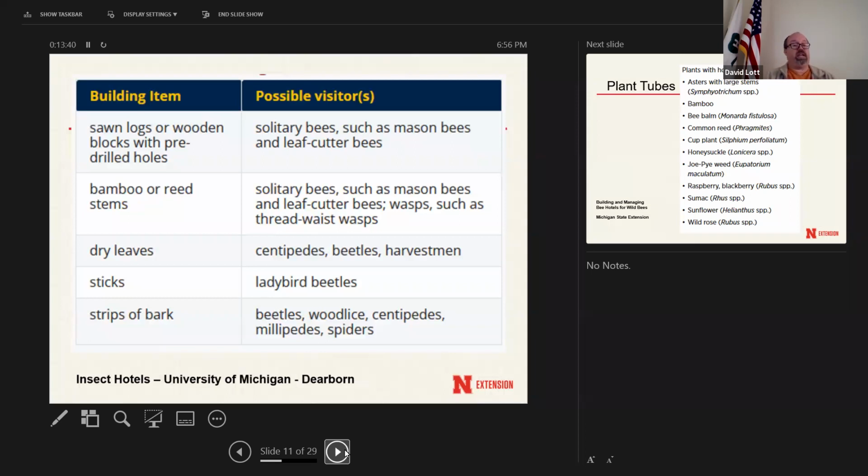So this is a table from the University of Michigan Dearborn that was really good. And the building plans that I posted are all three from the University of Michigan Dearborn, really well drawn, showing really good step-by-step instruction, just wonderful all the way out.